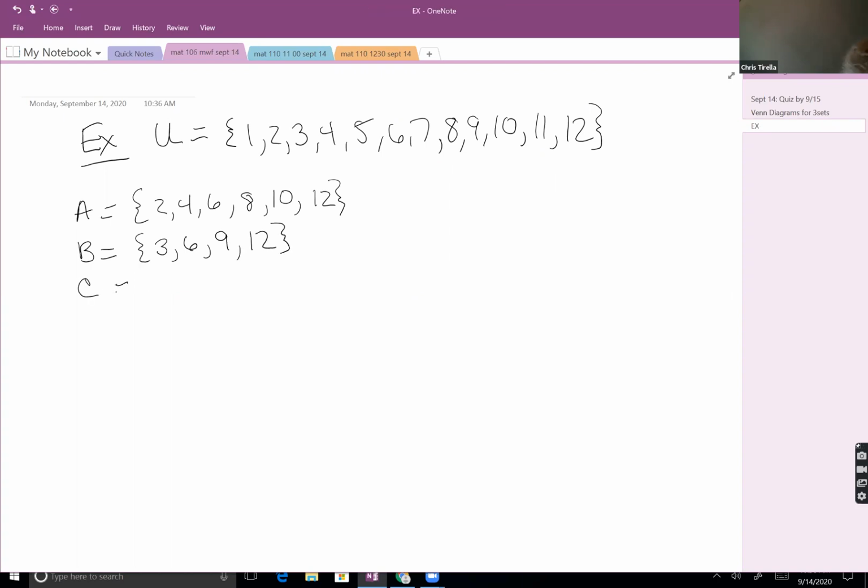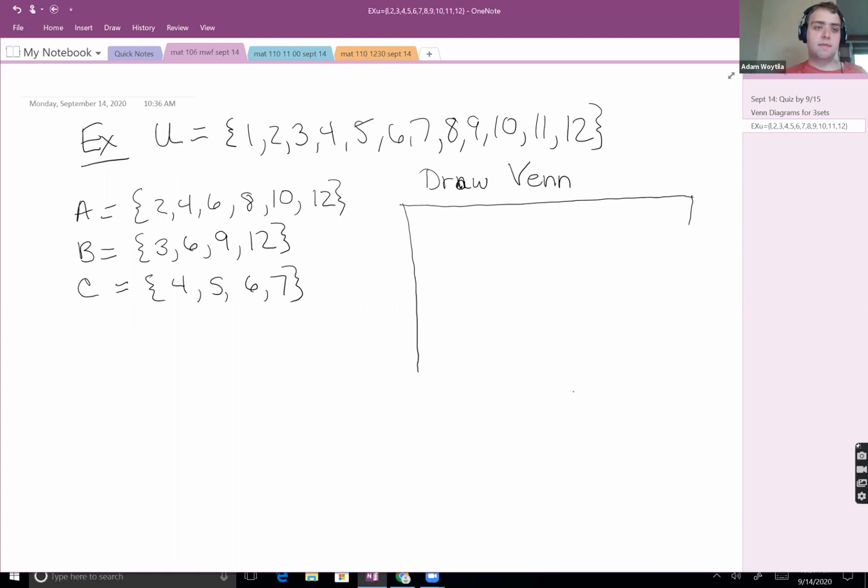And let's have C be some of those middle numbers, 4, 5, 6, 7. And let's start by drawing a Venn diagram. Wait, does 1 also go in C? No, C is just 4, 5, 6, 7. Okay.